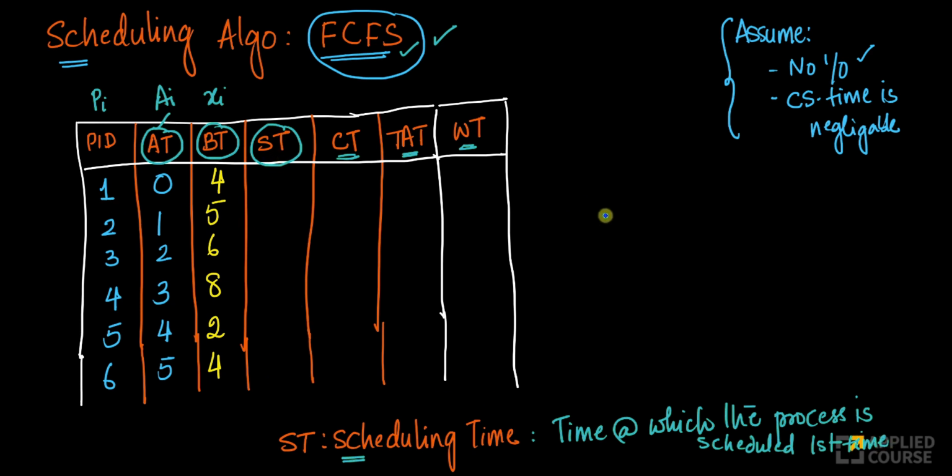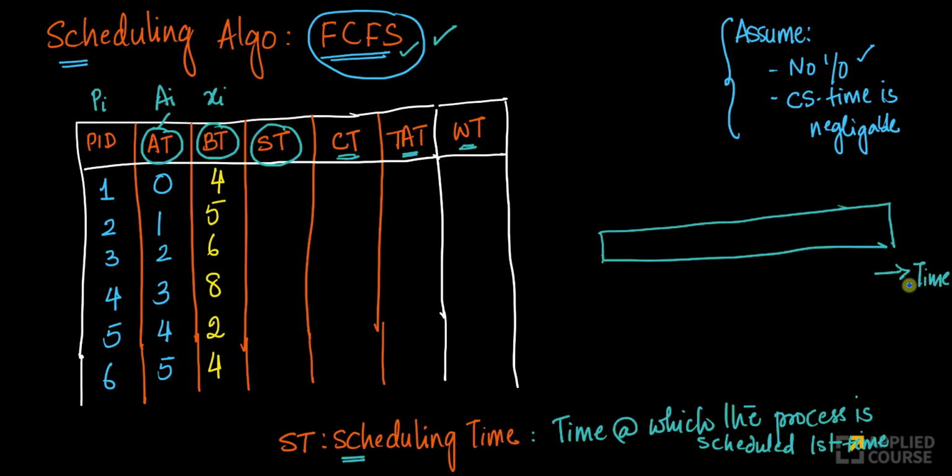Now look at this. At time 0, what happens? Very important, right? So let's draw a very simple diagram here. Let's assume this is my time axis, and I am at time 0.